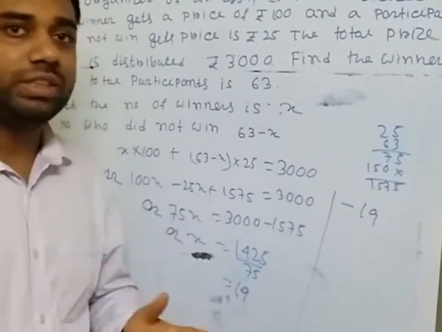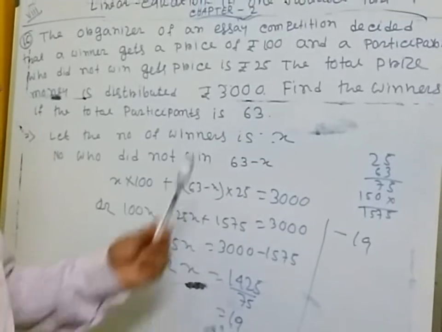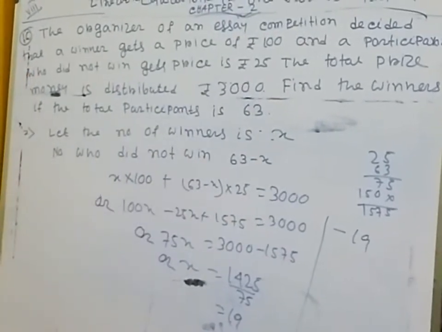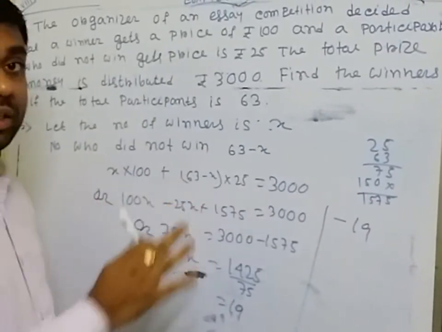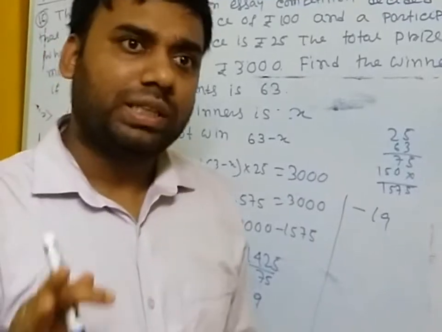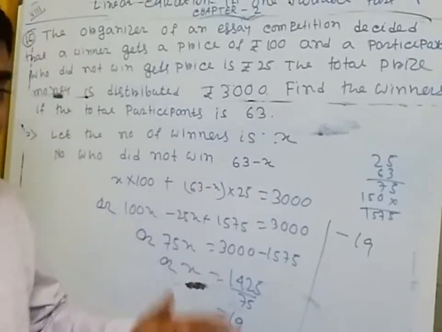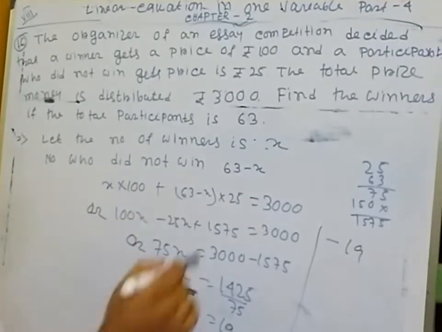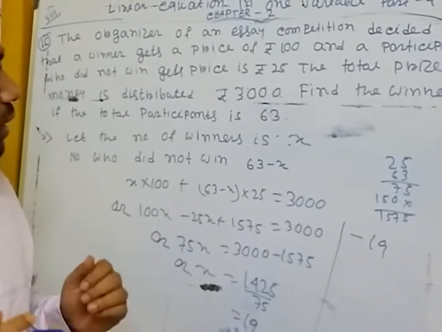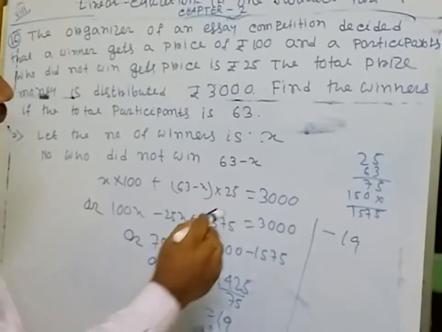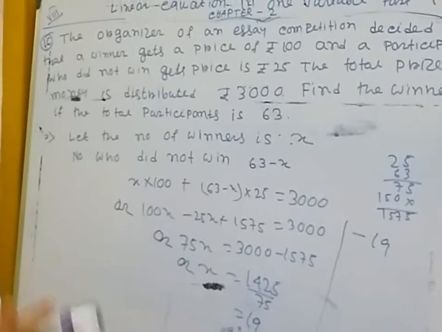Among these 63, some of them are winners and some did not win a prize. The winners will be awarded rupees 100, and those who are not winners are also awarded, but the amount is only rupees 25. The total money is rupees 3000, divided into two parts, winners and non-winners.